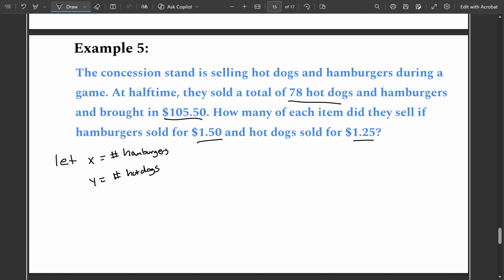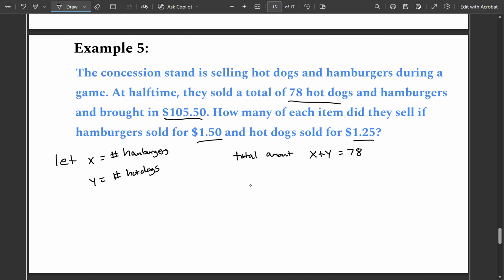So with this kind of problem, we're going to end up with two equations. One is going to represent the total amount or volume of the items, and in this case, it's going to be x plus y. That's the total amount of hot dogs and hamburgers sold, and they told us 78. I kept track. They sold 78 hot dogs and hamburgers.